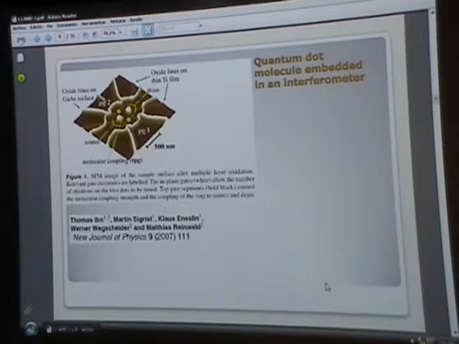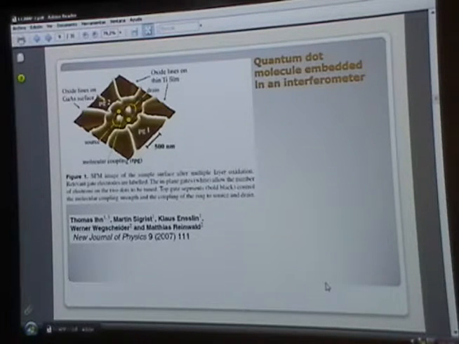A quantum dot is also called an artificial atom, because it is a region where electrons are confined. Typically, when it is two-dimensional, like in this case, the confinement potential is due to electrostatic gates, but it could also be a three-dimensional confining potential, for example, in nanoparticles or nanoclusters.